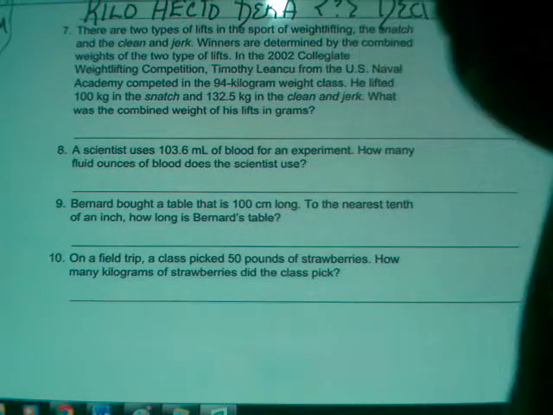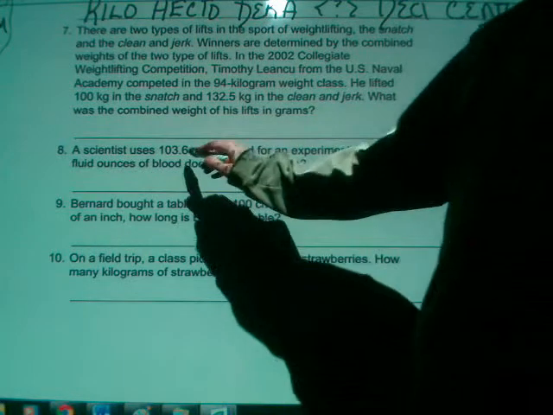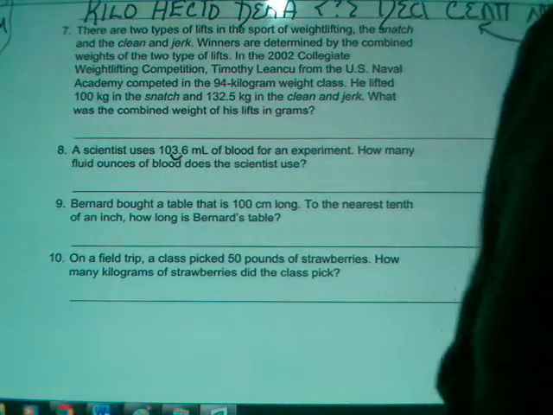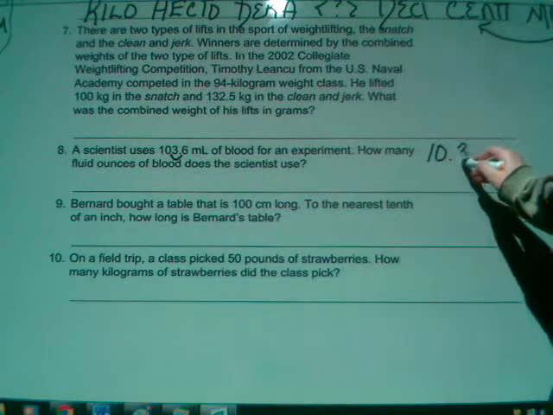Because the one conversion that we see that involves fluid ounces, where we want to end up, goes through centiliters. To go from milliliters to centiliters, that's one jump to the left on our chart. So I'm going to take this decimal and move it one time to the left. So that's 10.36 centiliters.